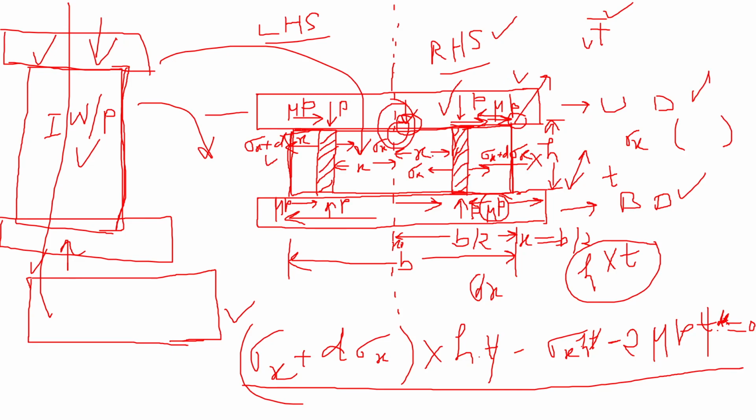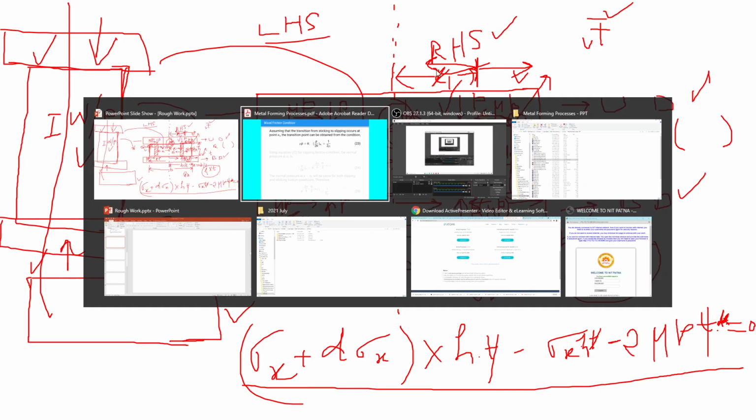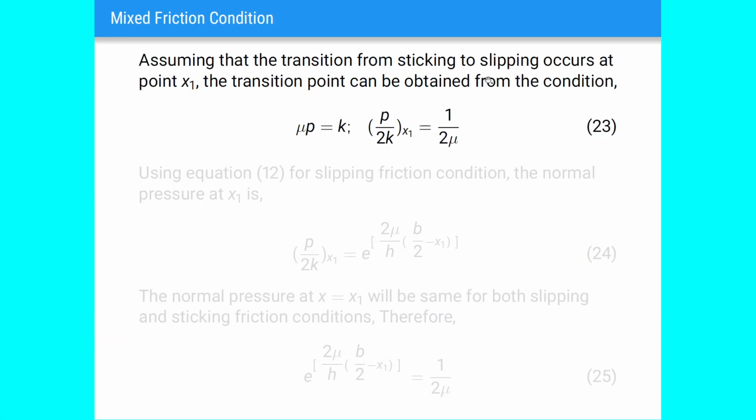So let us assume that this transition is occurring at a certain distance x1 from the axis of symmetry. Suppose this is the value beyond which low friction conditions are applicable, and inside this point high friction conditions are applicable. So this point is at distance x1 from the center line.